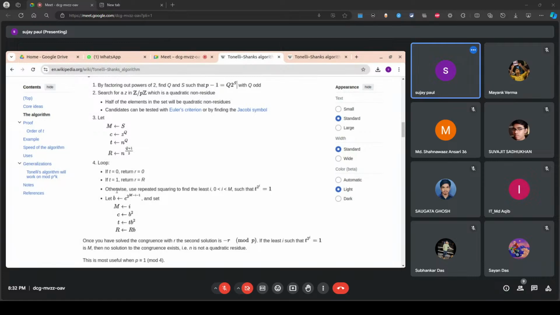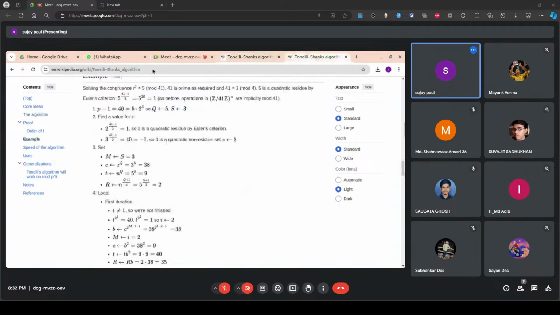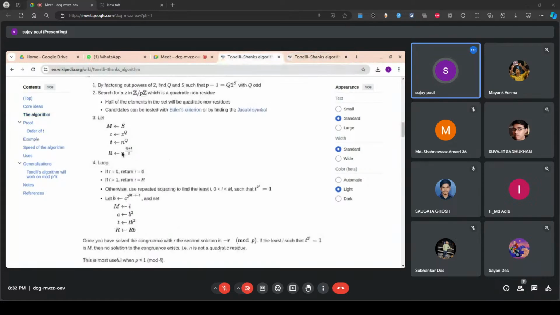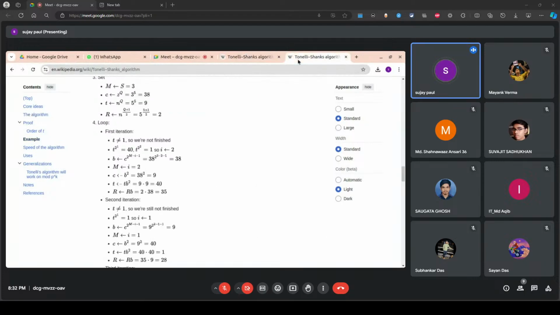Now, first iteration of the loop. t, I have got 9. So t is not equal to 1. If t is equal to 0 or 1, then I have to do the condition, else, t not equal to 1, so it is not finished.